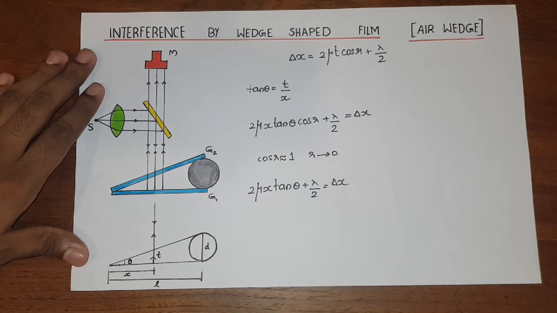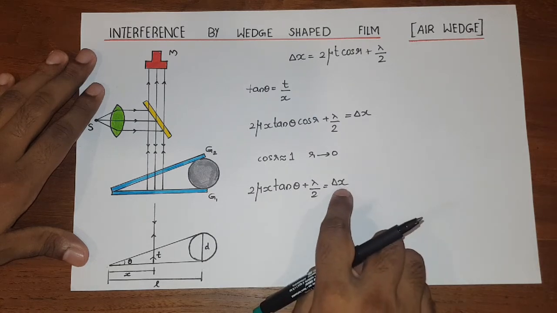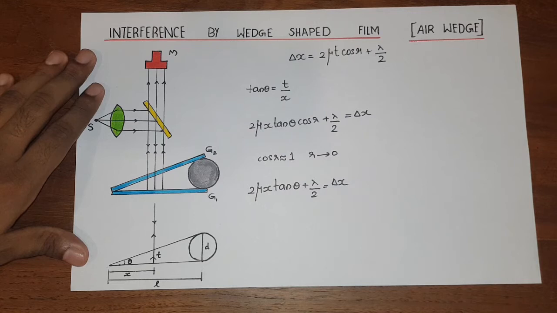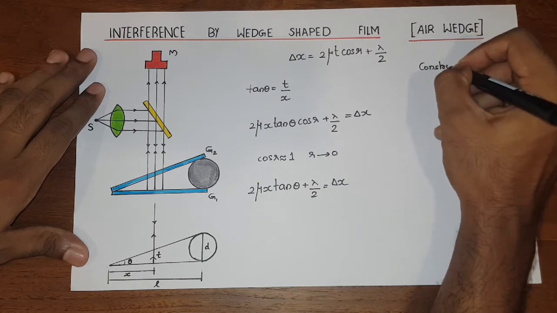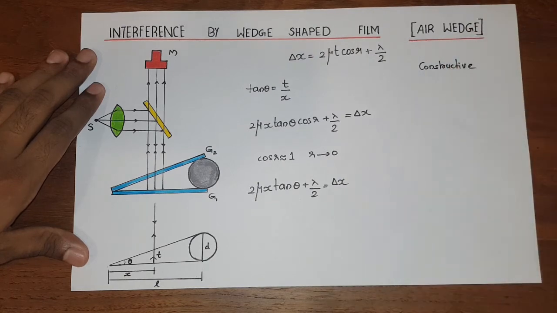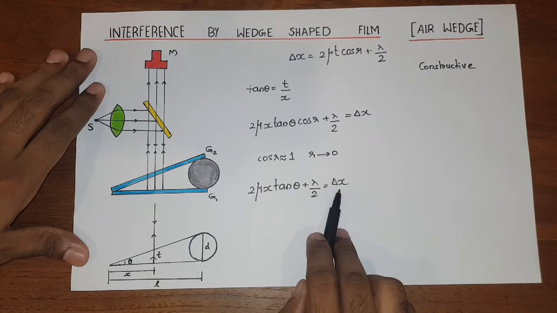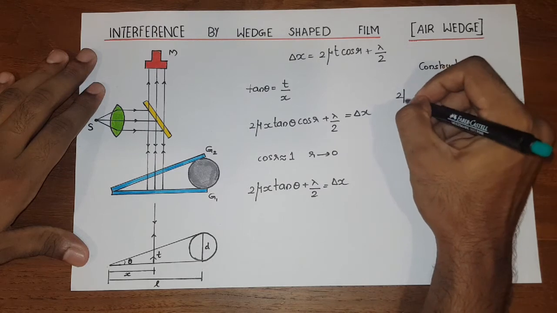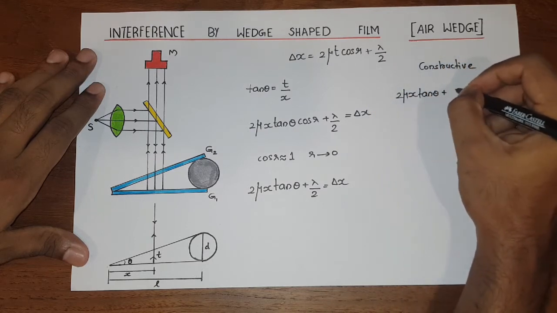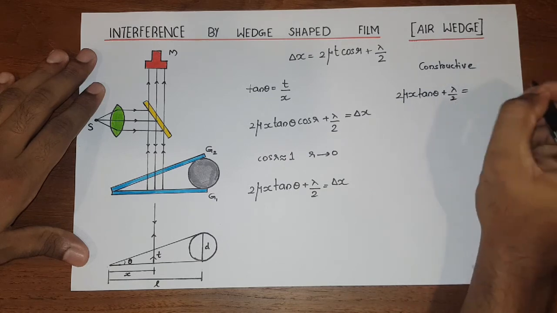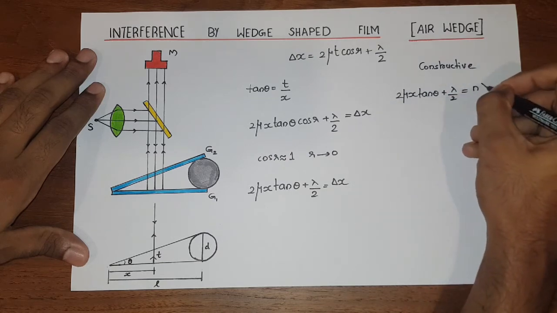Now what we have to do is just substitute the value of delta x to find the corresponding equations for constructive as well as destructive interference. So for constructive interference, what should be the value of delta x? Delta x should be n lambda. So I can rewrite this equation as 2 mu x tan theta plus lambda by 2 equal to, instead of delta x, n lambda.